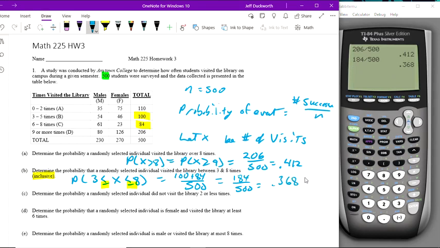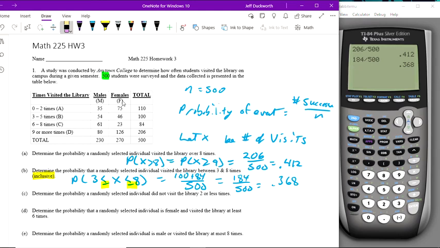All right, part C, we want the probability a randomly selected individual did not visit the library 2 or less times. So not 2 or less. Okay. Well, if it's not 2 or less, we can use the complement rule that we learned, which is probably the easiest thing, or we can just add up all the others.